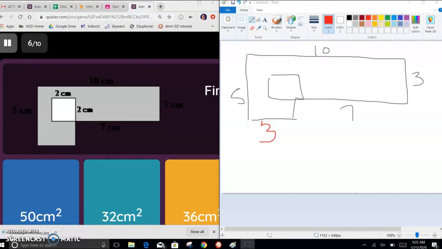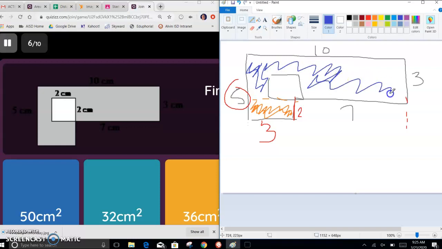One more thing I failed to mention is that this little piece right here is going to be 2 centimeters, because if I were to extend this 3 down here, I would need it to equal the 5 over here. So I'm going to break my shape up using orange. I'm going to cut this across here, and I'm going to have 2 rectangles. So this rectangle here in orange, and then this other rectangle here in blue.